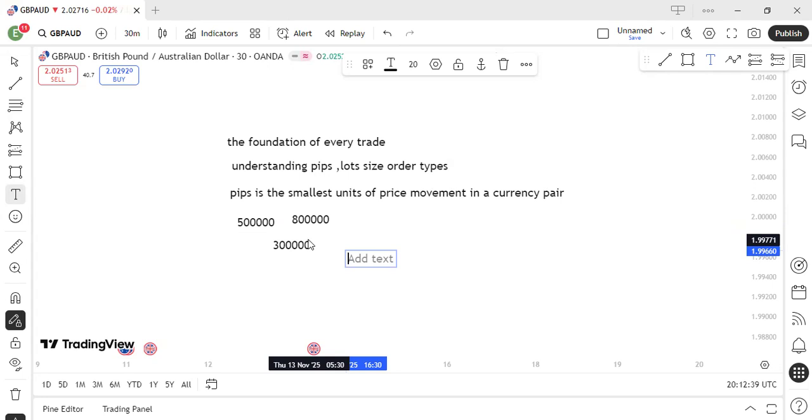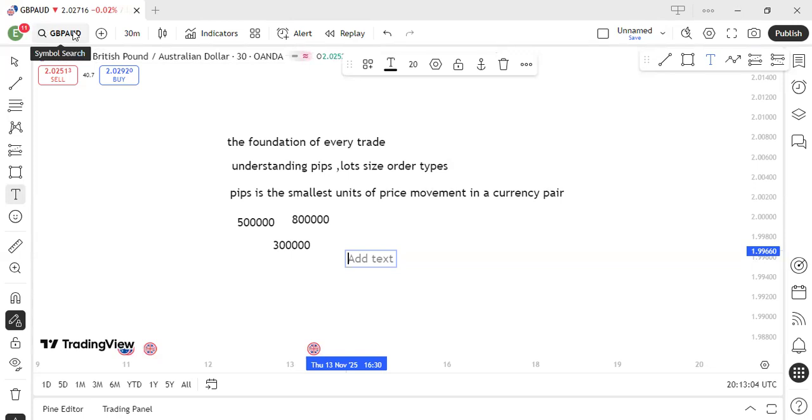So pips is just the price movement in the currency pair. Look at this pair now: GBP AUD. GBP means Great Britain pounds, and AUD means Australian dollars. This is a pair.